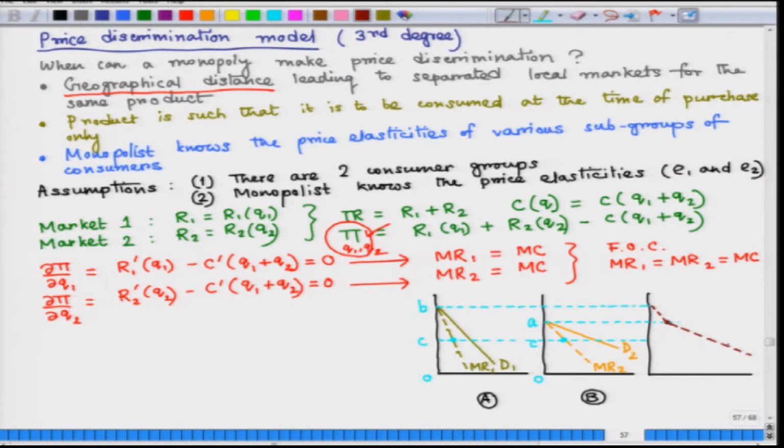So, we can say that this is giving my sum of marginal revenue curves in two different markets. So, now let me superimpose an upward sloping straight line marginal cost curve, right. So, we know that at the intersection point there will be equilibrium for the monopolist.